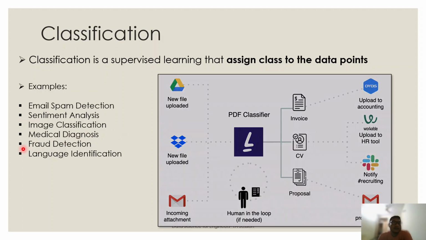Image classification. Right now many of you are using your mobile and Google Lens. Once you click on Google Lens and capture a photo, it will tell you, okay, this is a photo of food.